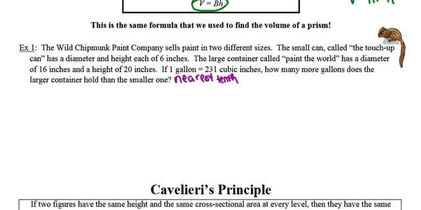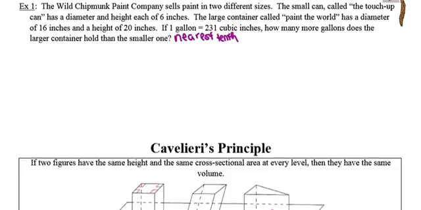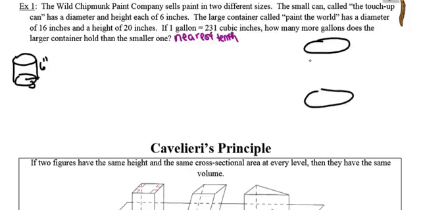All right, I'm going to go ahead and begin by drawing these two cylinders so that I can get a visual representation of what we're trying to work with here. So here's my smaller can. The diameter of the smaller can is 6 inches, which means the radius is 3, height 6 inches. And then the larger can, which I'm going to put over here, has a diameter of 16 inches, meaning that its radius is 8, and a height of 20.